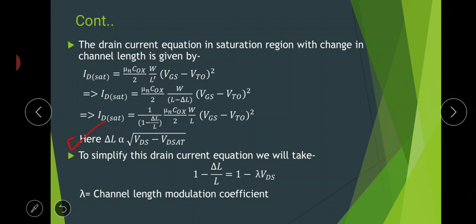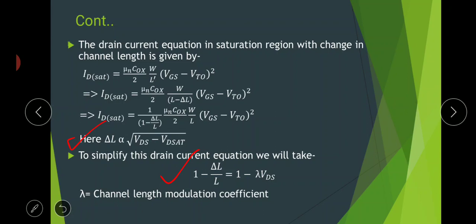Here delta L is directly proportional to the square root of VDS minus VDSAT. Then, to simplify this drain current equation, we take 1 minus delta L by L equal to 1 minus lambda VDS.